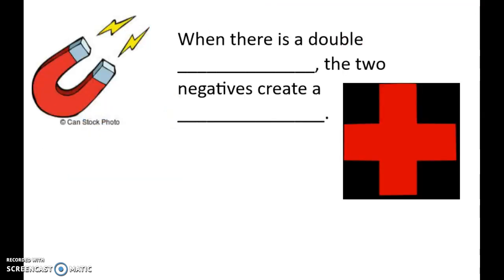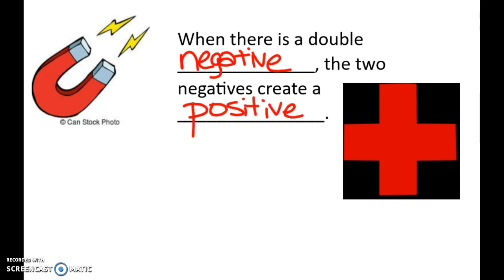Okay, one thing that's a little tricky is when there is a double negative. So right here in our notes, when there is a double negative, the 2 negatives create a positive. Okay, so unlike in real life, 2 negatives make a positive. So I like to think about this. Let's say we had 5 minus a -3. Okay, so you might see this in a problem. 5 minus a -3, I like to think about a magnet.